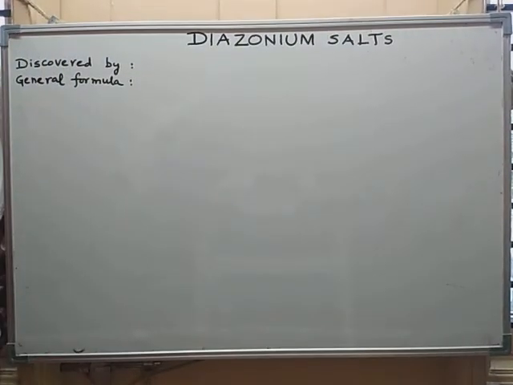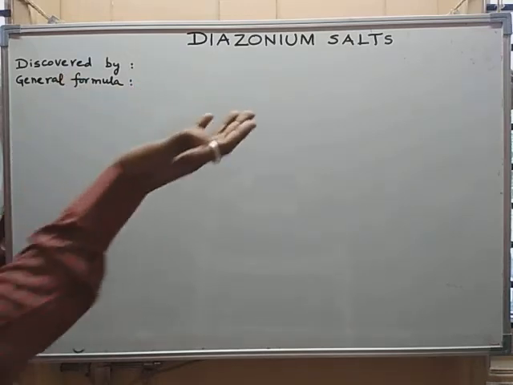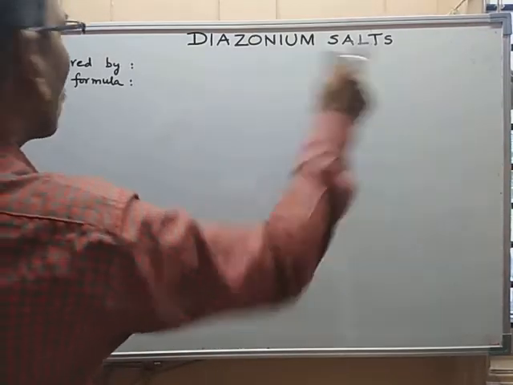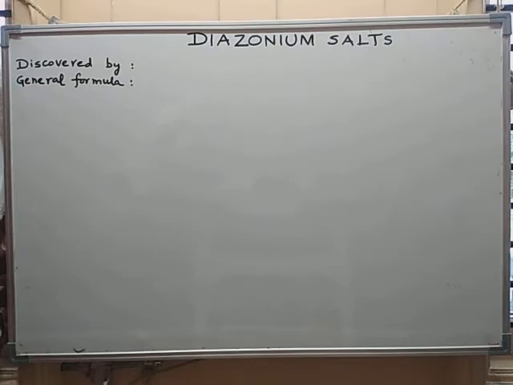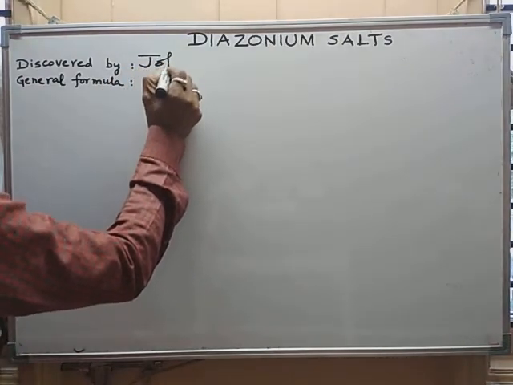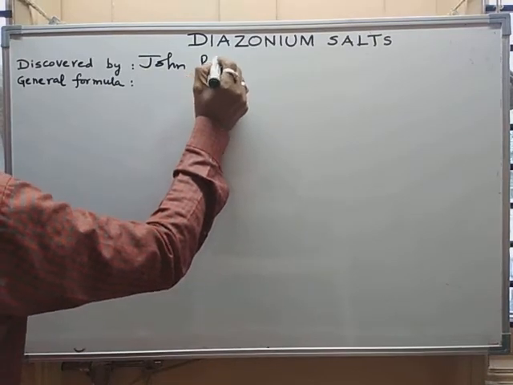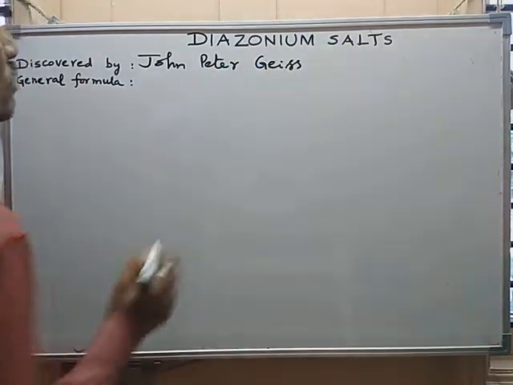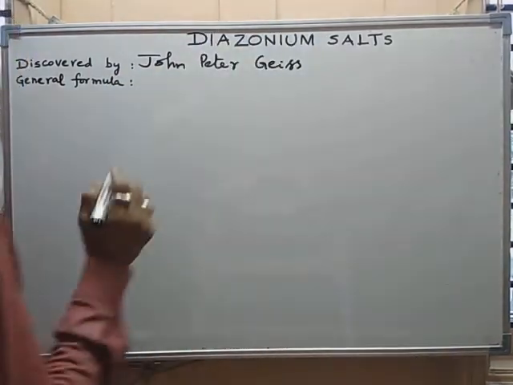This we already discussed in the chemical properties of aniline. Aromatic primary amines undergo diazotization to give a salt known as a diazonium salt, as discovered by Peter Griess, only for competitive purposes.